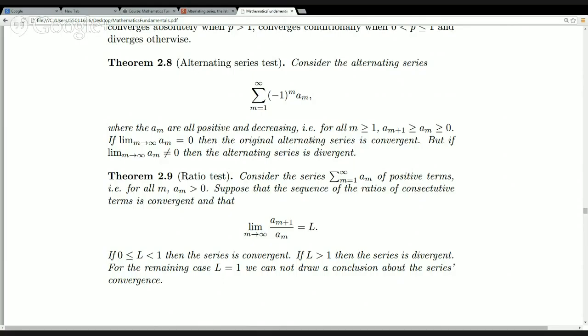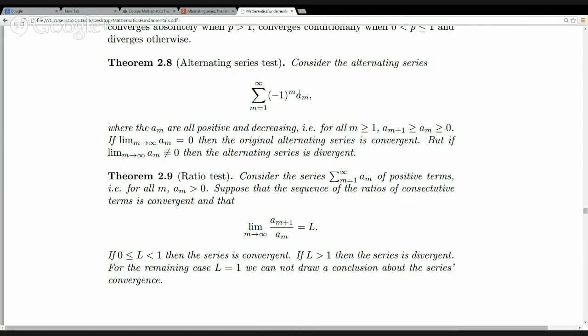Notationally, that means the series can be written in this form, where the a_m are all positive numbers, and then you have this alternating plus or minus sign. That would be minus 1 to the power m, where initially the first sign was a negative, or alternatively minus 1 to the power m plus 1 if the first term was to be positive, and so on.